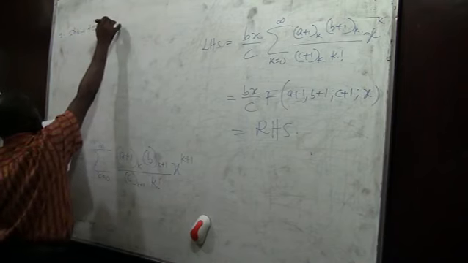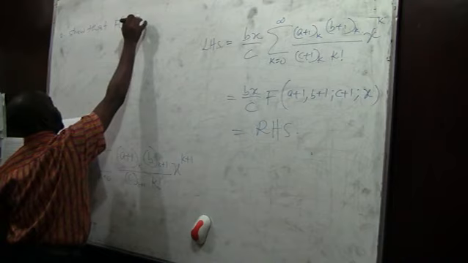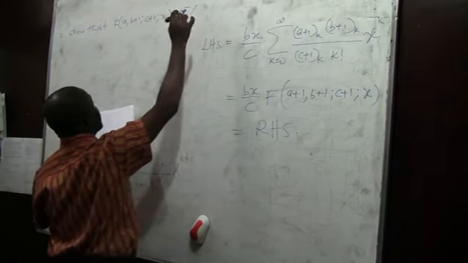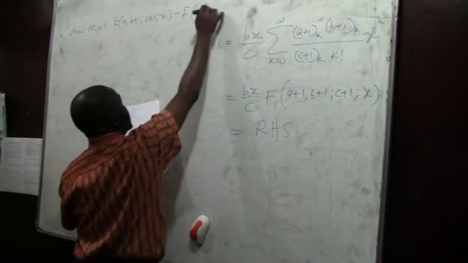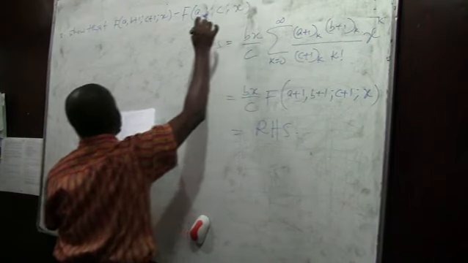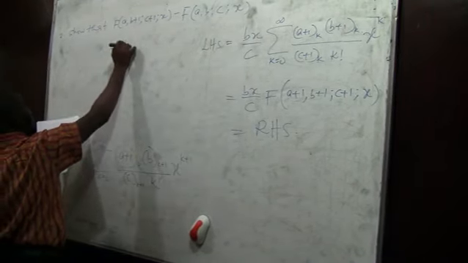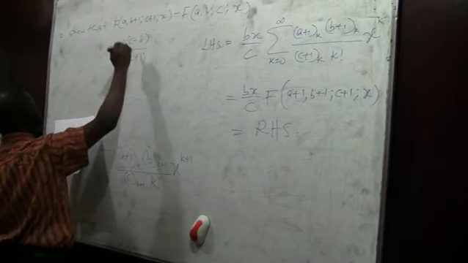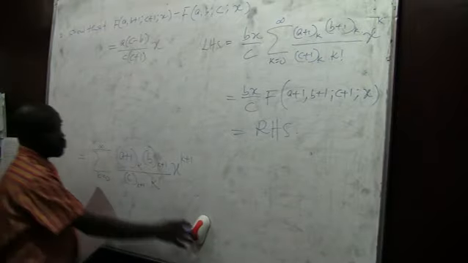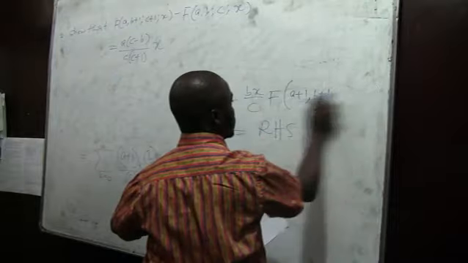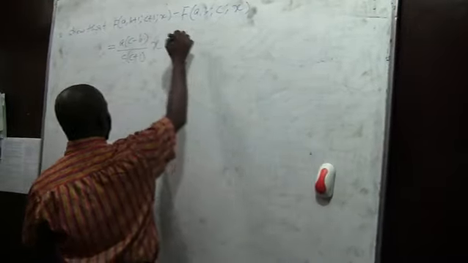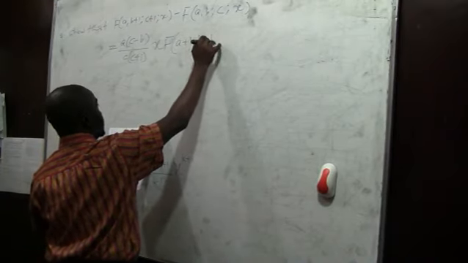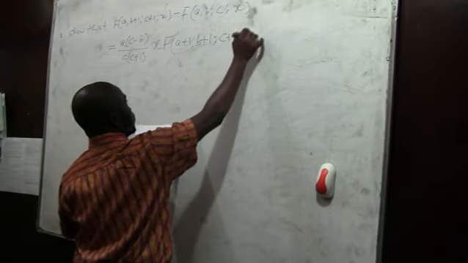Show that f a comma b plus 1 semicolon c plus 1 semicolon x minus f into a comma b semicolon c semicolon x is the same thing as a c minus b divided by c into c plus 1, this is b, x, f of a plus 1 comma b plus 1 semicolon c plus 2 semicolon x.